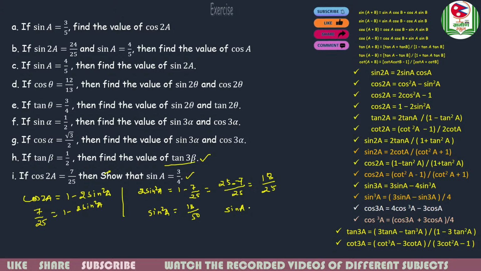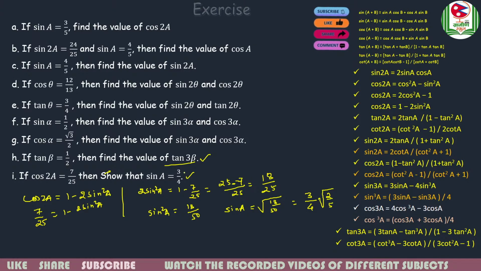So sin A equals root under 18 by 50. And the result will be how much? 18 means 6 into 3, or 3 by 4... And inside it will be 2 by 5.